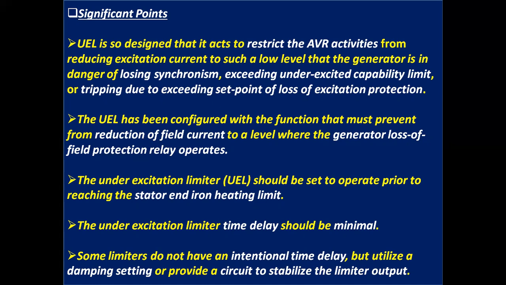The under excitation limiter should be set to operate prior to reaching the stator end iron heating limit. The under excitation limiter time delay should be minimal. Some limiters do not have an intentional time delay but utilize a damping setting or provide a circuit to stabilize the limiter output.